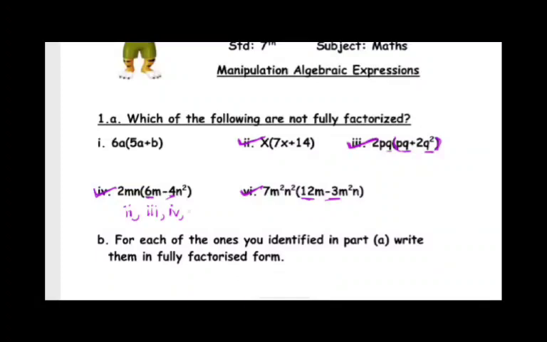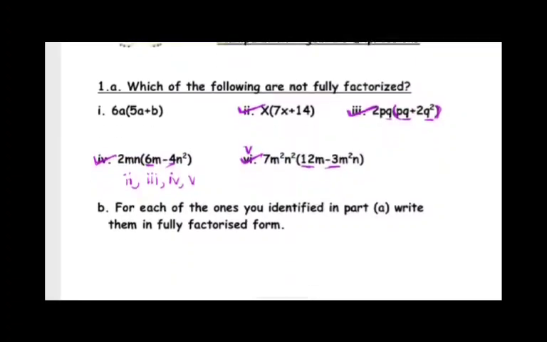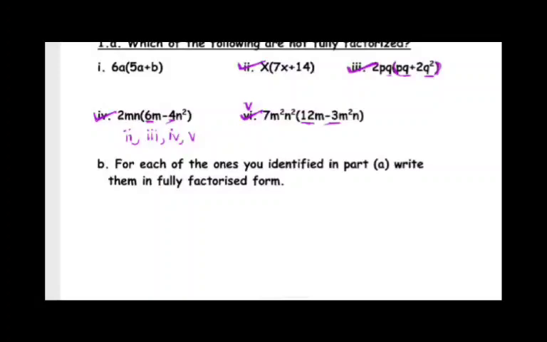So now sum number 5, let me put this as 5, are not fully factorized. Alright, so for each of the ones you identified in part A, write them in fully factorized form.